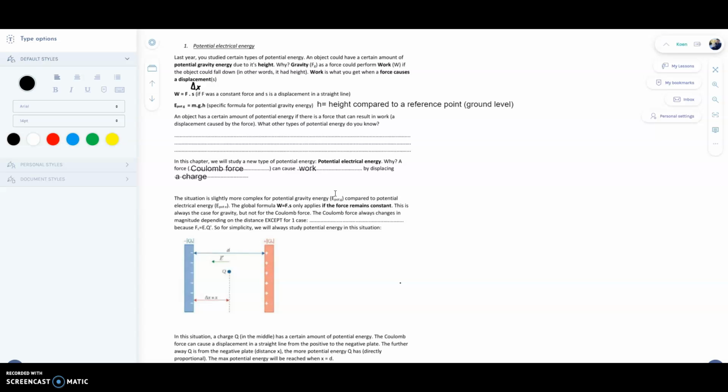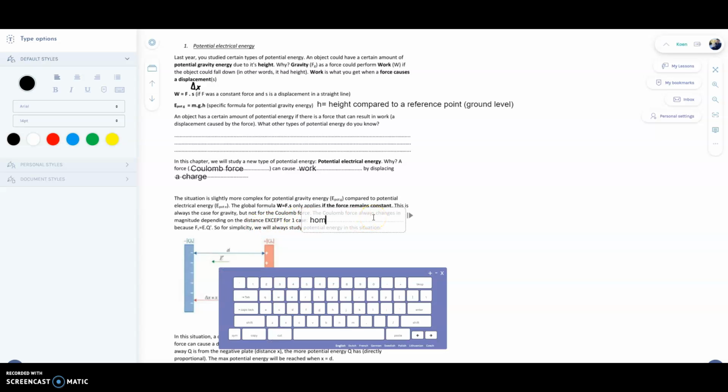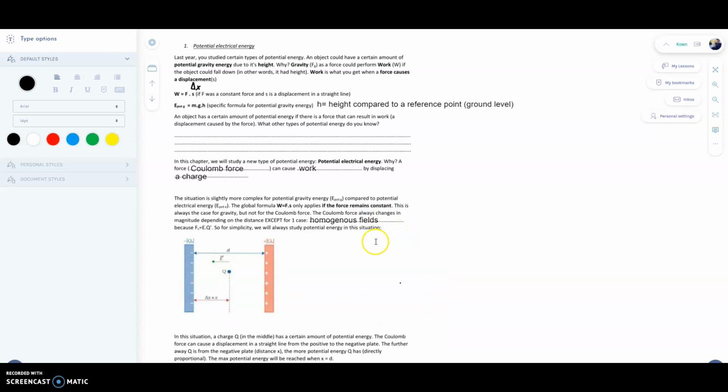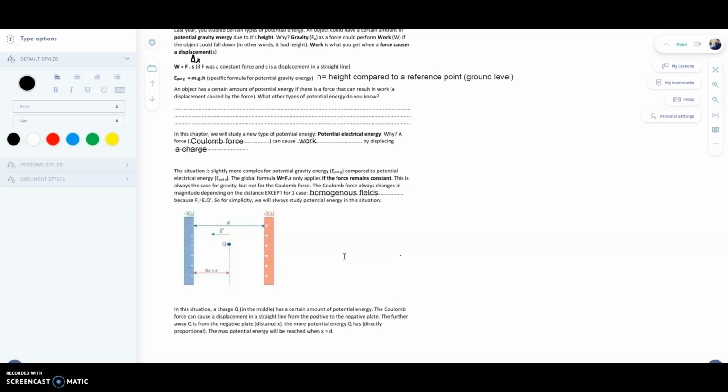However, the Coulomb force is one that does change, depending on the distance between charges. There's only one notable exception in this case, and it will be the one that we'll be using all the time, and those are homogeneous fields. In homogeneous fields, there is no difference in electric force dependent on your position in the electrical field.